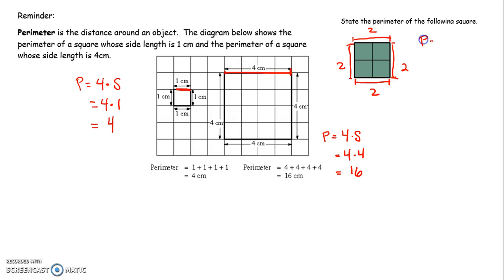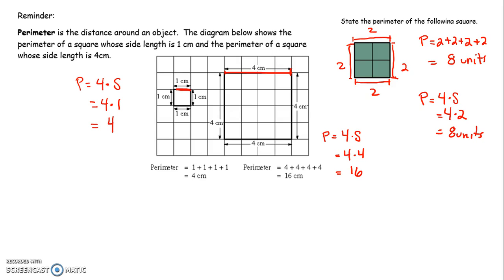So for our perimeter, we could either add up all our sides: 2 plus 2 plus 2 plus 2. 2 plus 2 is 4, plus 2 is 6, plus 2 is 8. 8 units. Or you could say to yourself, but I know the perimeter of a square is 4 times an individual side. Sure it is. 4 times 2, you would still get 8 units. So that's just a quick review on perimeter.